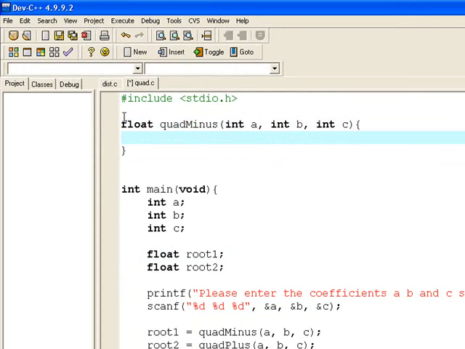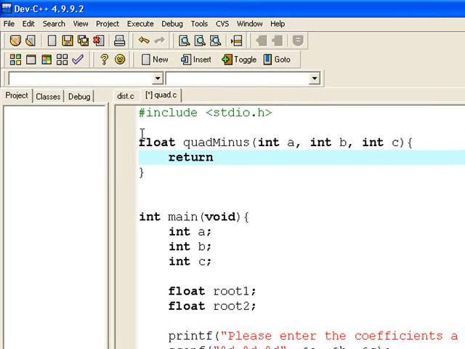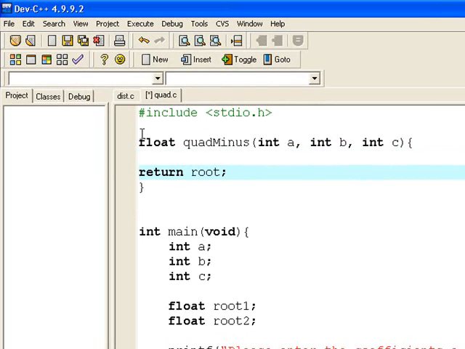Now, what are we going to return from this? We're going to return a root. I can use the same variable name in both of them, because they'll be kept separate by the fact that they're in different functions.